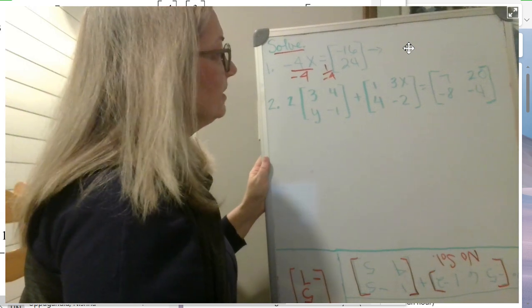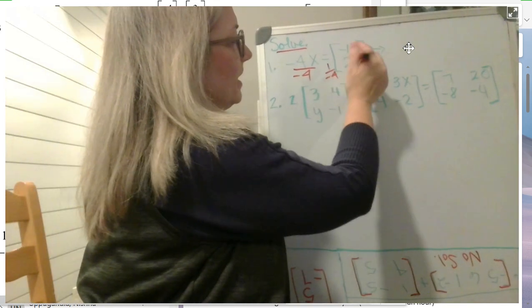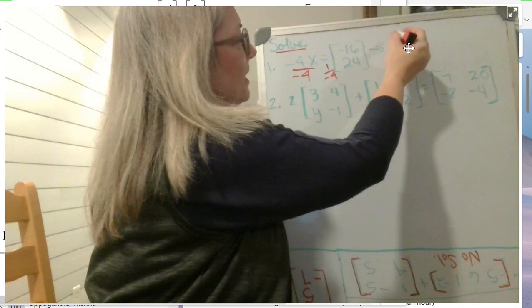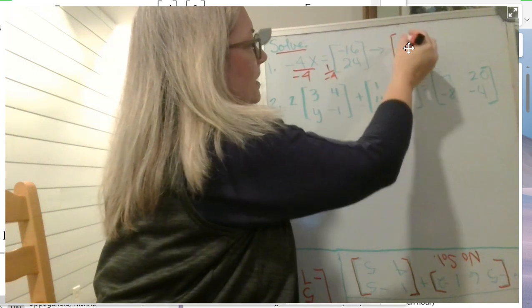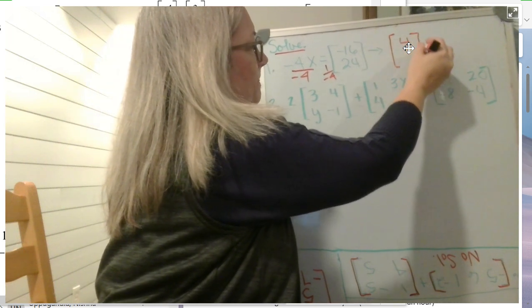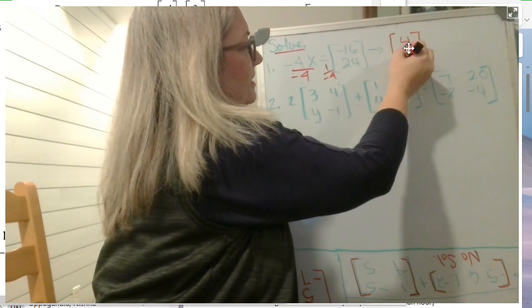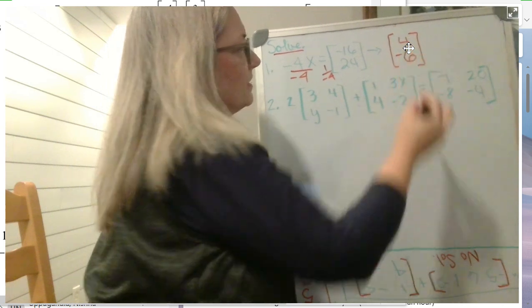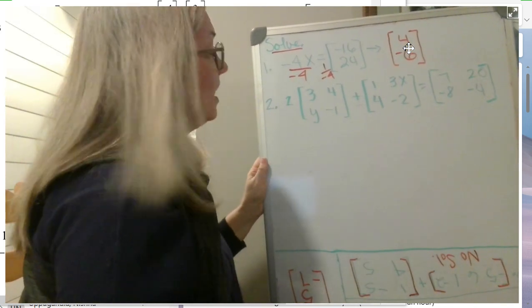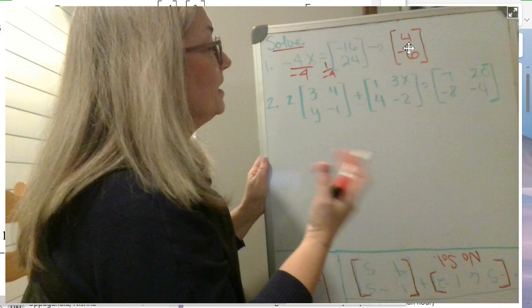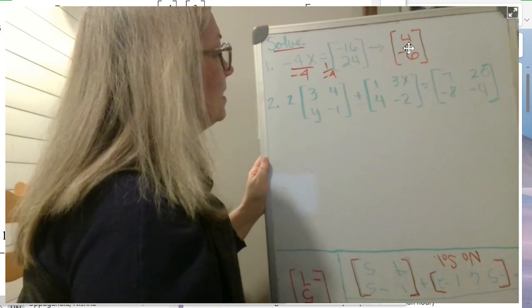It's dividing each piece of this by -4. So 16 divided by -4 is equal to 4. 24 divided by -4 is -6. Final answer.